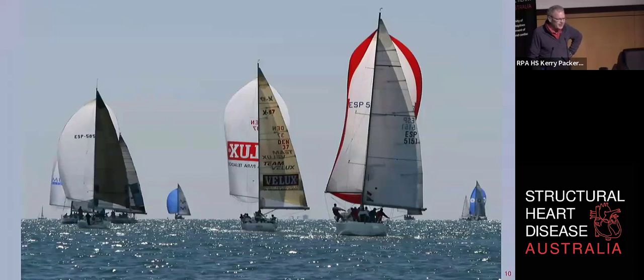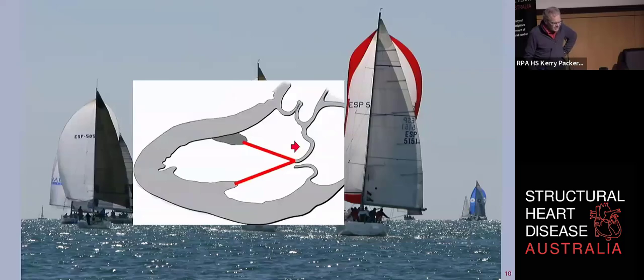If we put a split all the way through the spinnaker, the boat would just slow down quite dramatically. So this is what happens if we split the anterior leaflet of the mitral valve.